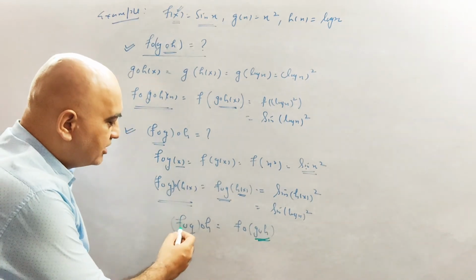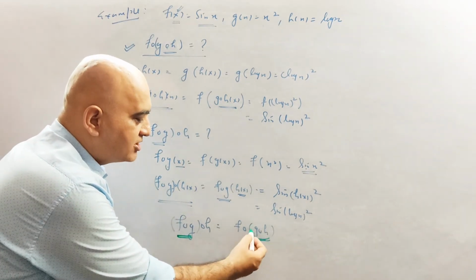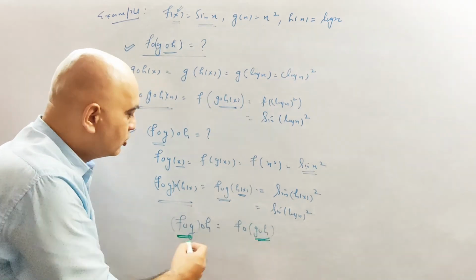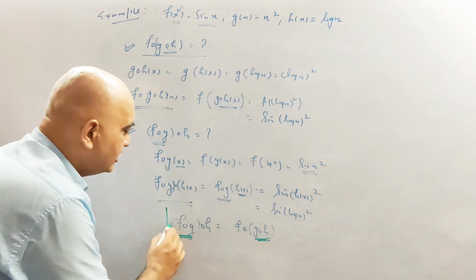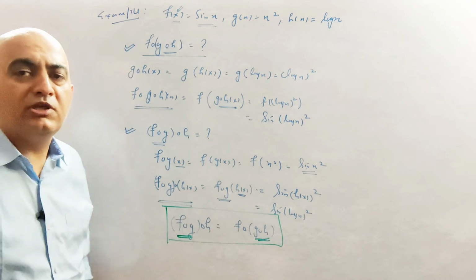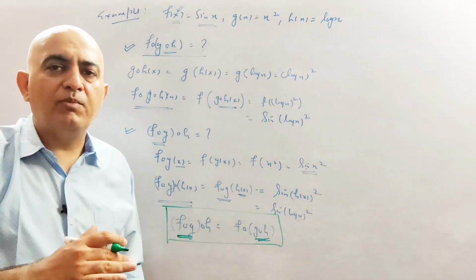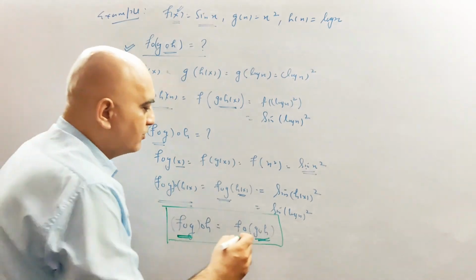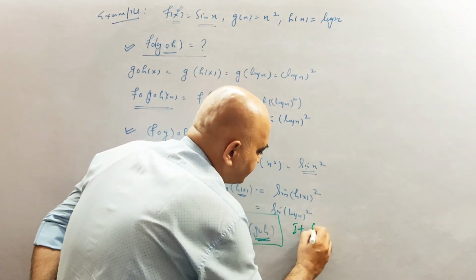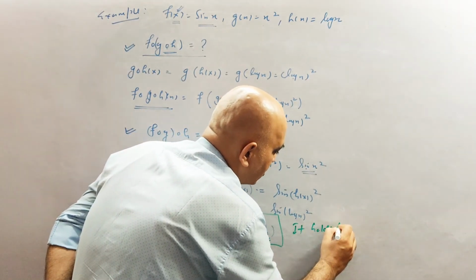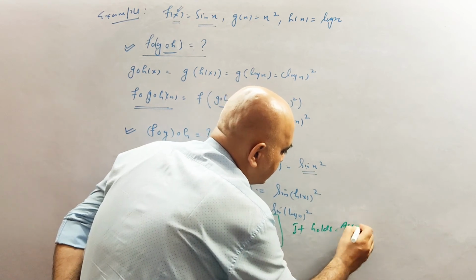So f of g then of h, or g of h then f of g of h, both are the same. So this composition of mapping is associative in nature. Okay? It is not commutative but associative. So we can say it holds the associative property.